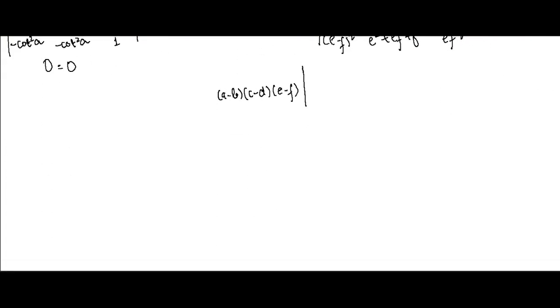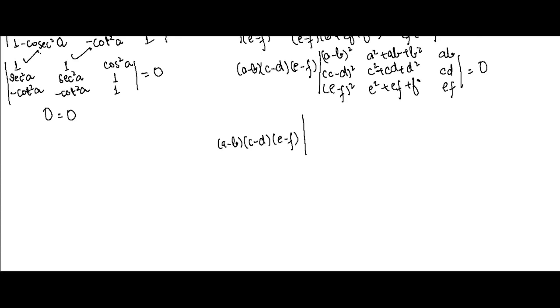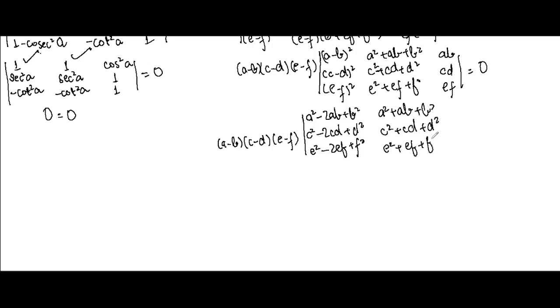So we have, now it is going to be, no, it's going to be minus 2ab plus b². Then c² − 2cd + d², and e² − 2ef + f², and then all of them written as it is: a² + ab + b², then c² + cd + d², and e² + ef + f². And ab, cd, ef is equal to 0.